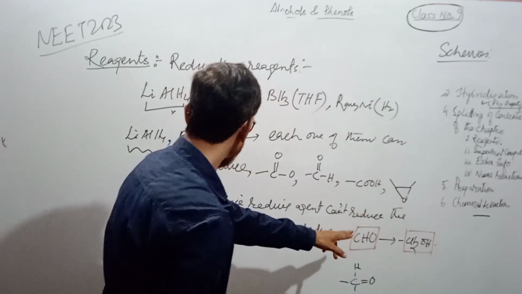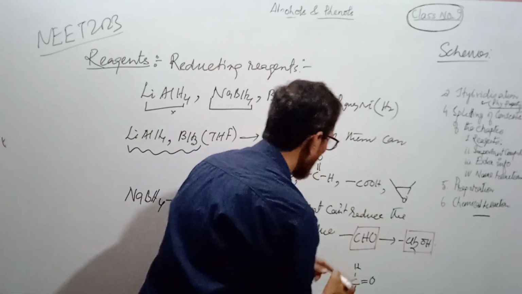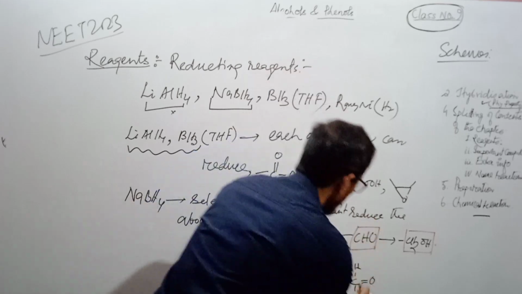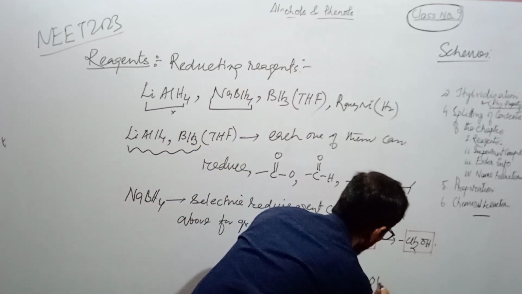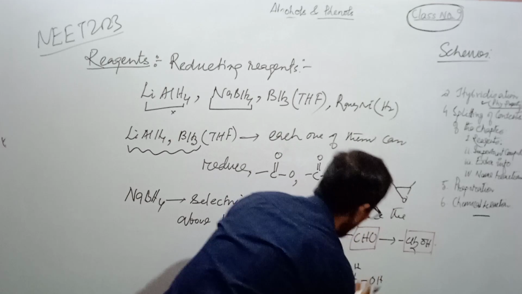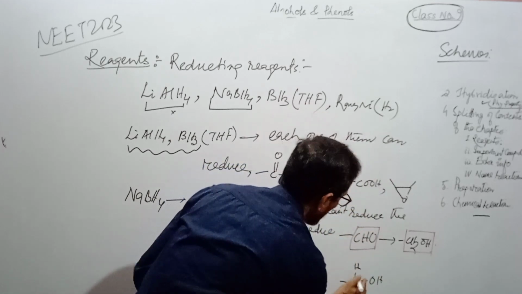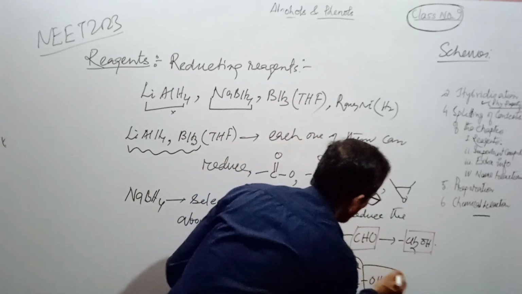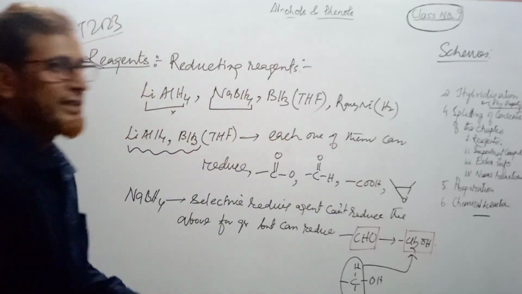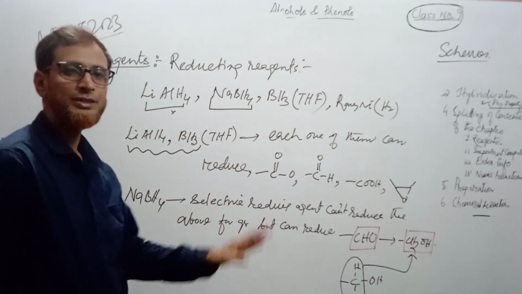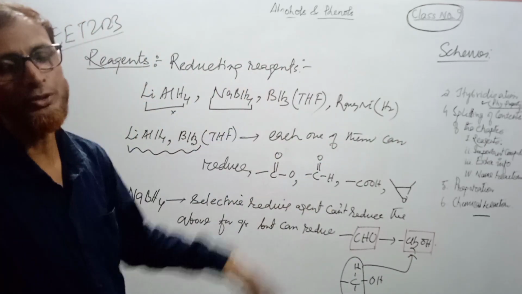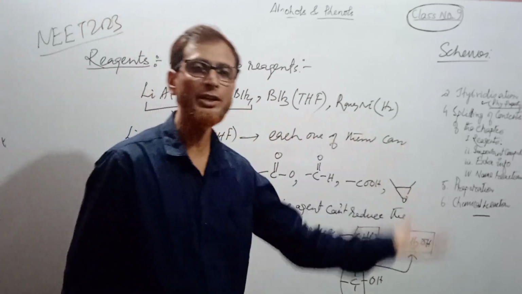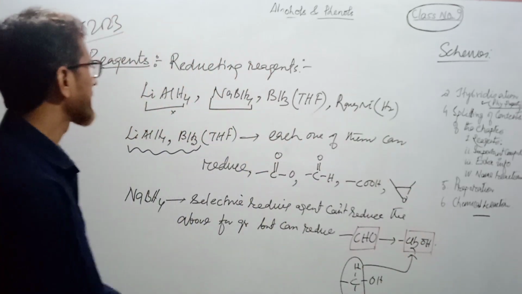One hydrogen will add up here and the other hydrogen will add up here, and that bond will vanish. So you are getting CH2OH. Mind that reduction is addition of hydrogen. Sometimes there will be 4 hydrogens, sometimes 6 hydrogens. You will find it later on.